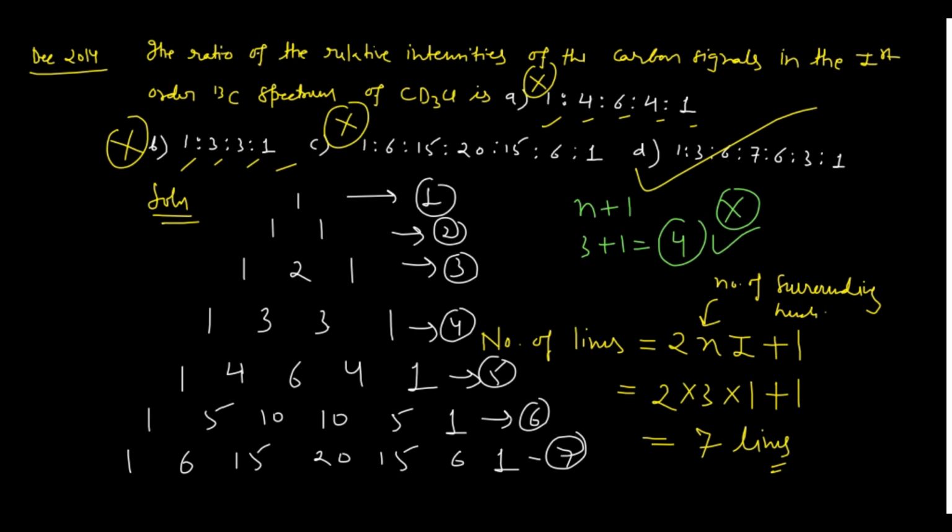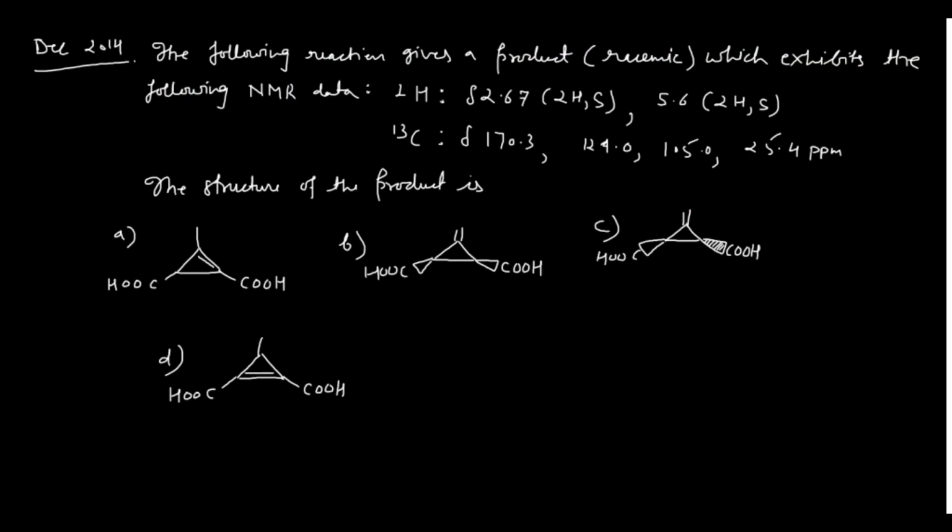Now moving to the next problem. This question is again from the December 2014 examination. I have completed the June 2014 examinations, so the last two problems were from the December examinations.